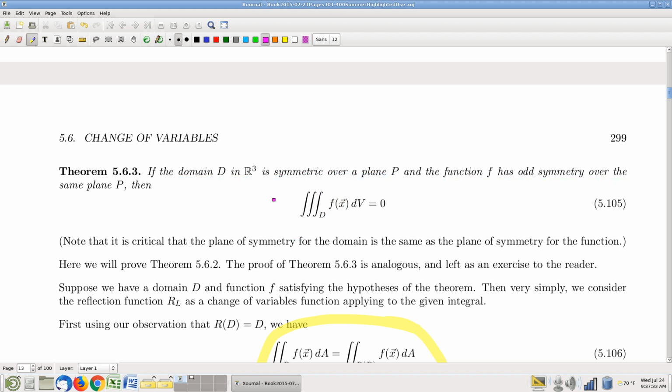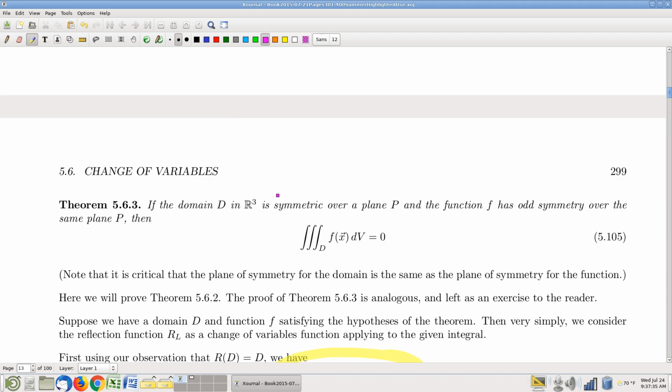Fantastic theorems. Again, I'll remind you, in a past life, my second major in physics, I did loads of integrals. Those of you who are engineers are looking forward to the next few years of doing loads of integrals, and then likewise probably continuing into your careers. And I did so many triple integrals in my physics major. And the world is full of symmetries, as it turns out, right?